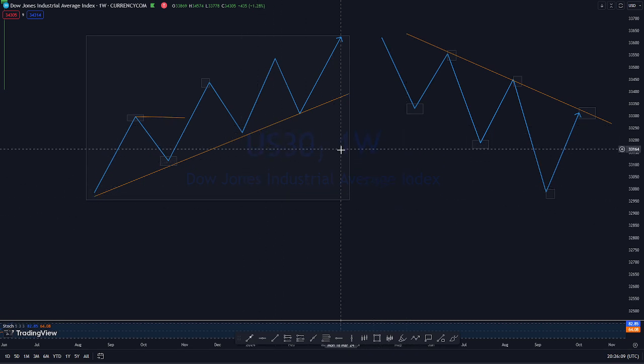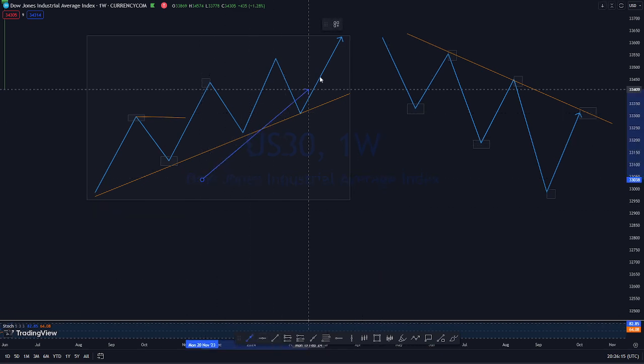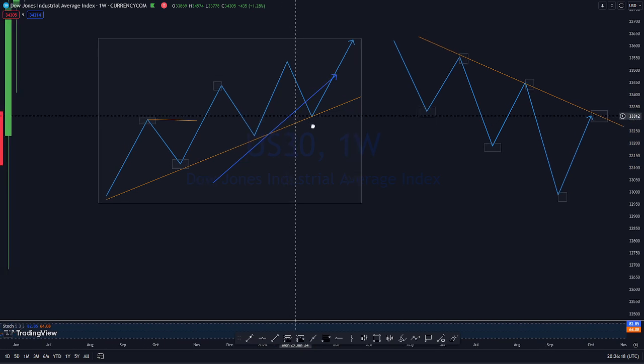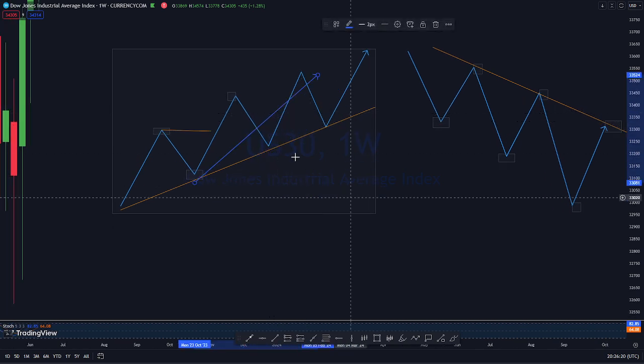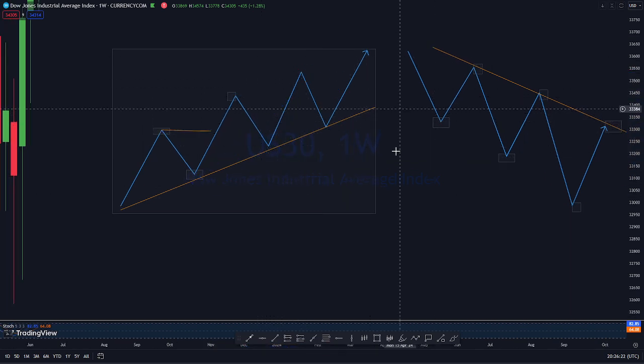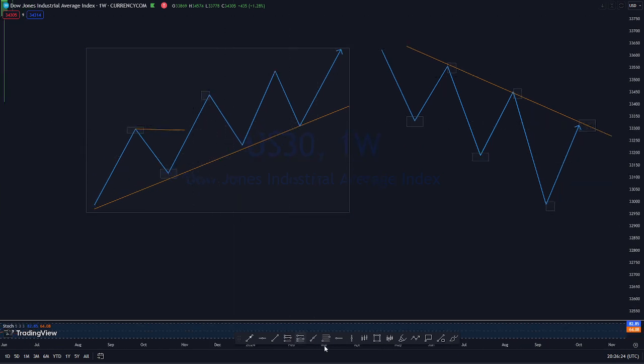So if the weekly is in bullish momentum, creating higher highs and higher lows, what we wait for is a pullback that would be at our point of interest.